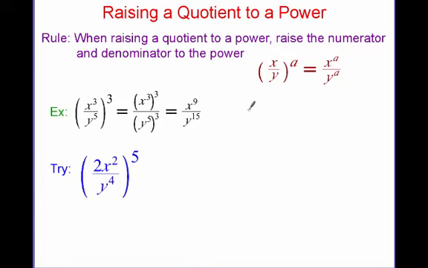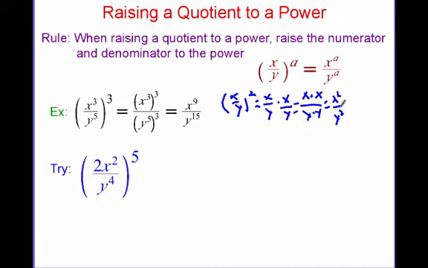If I give you a simple example, x over y squared is x over y times x over y, which is x times x over y times y, which gives me x squared over y squared.